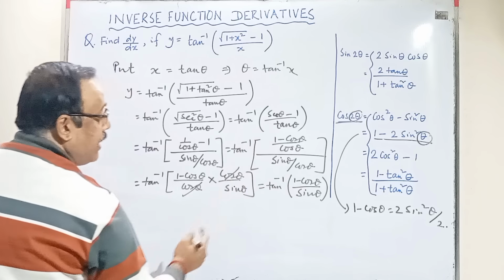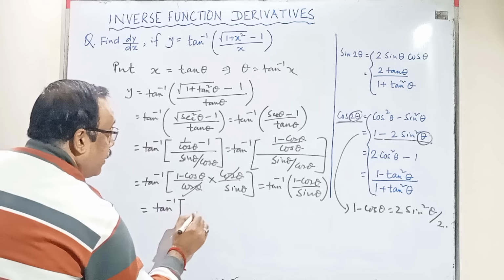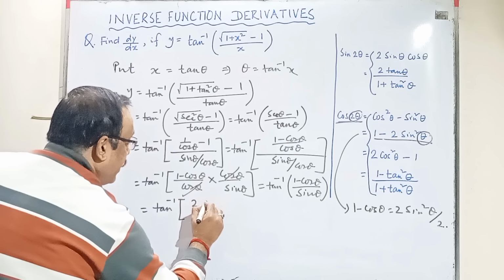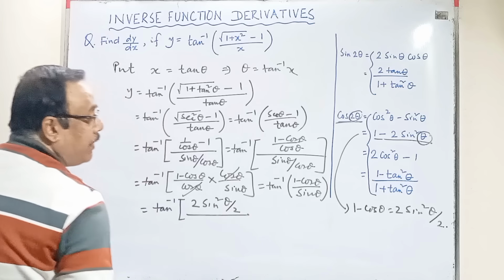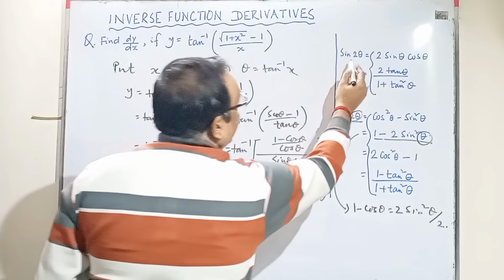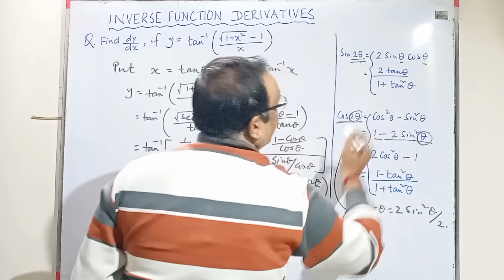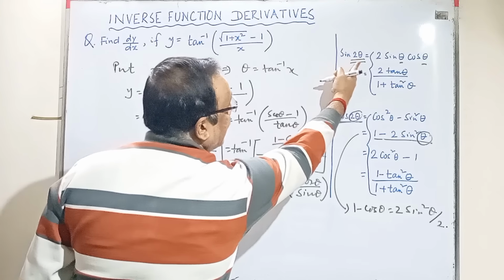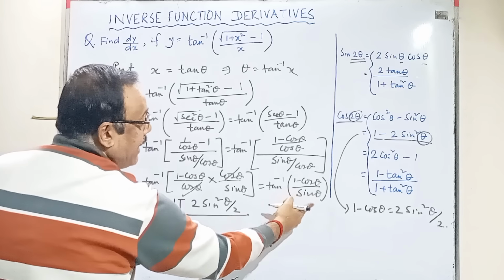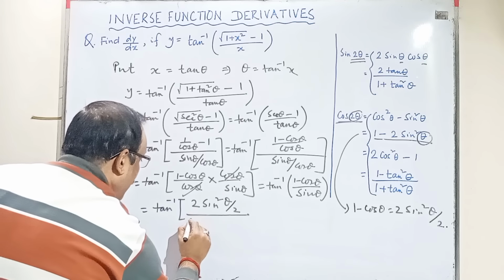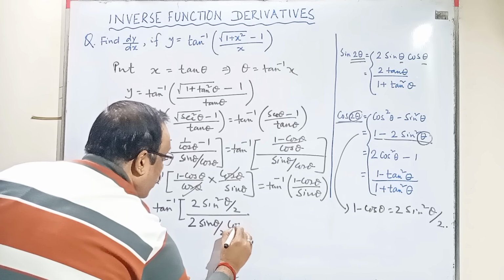So in place of this, I can write tan inverse of 2 sin square theta by 2 divided by sin theta. Think of it as sin 2 theta. If this is twice the angle, this will be half of that angle. So if I take this angle as theta, this will become theta by 2. So sin theta, if I think of it like 2 theta, will become 2 sin theta cos theta. This is 2 sin theta by 2 cos theta by 2.